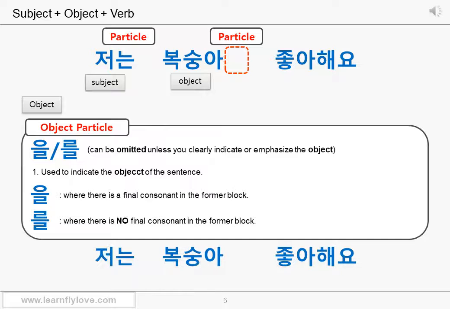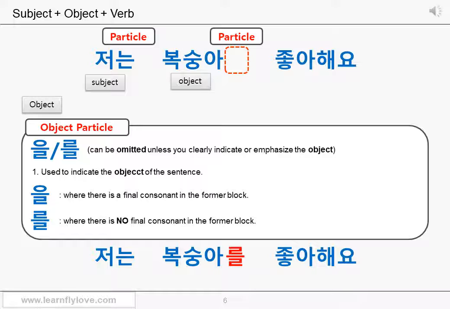So you can add the object particle to the object 복숭아. Which sound though? Because the last letter 아 of 복숭아 doesn't have a final consonant, you need to add the 를 sound. Let's use the topic particle for the subject 저. 저는 복숭아를 좋아해요.